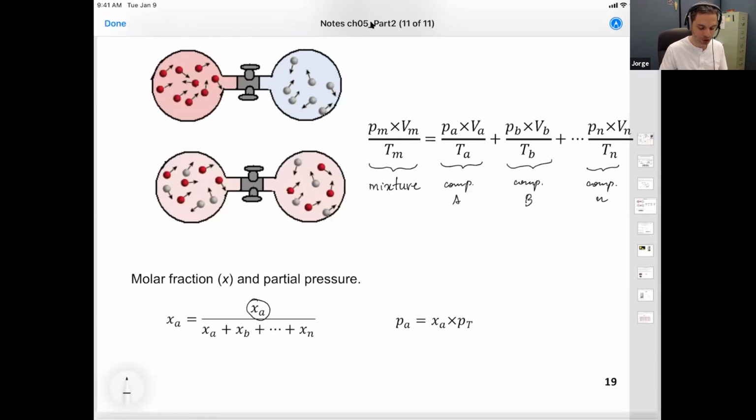And partial pressure is the pressure of each component in the mixture, and that's also related to the molar fraction and the total pressure. Okay, I don't want to focus too much on Dalton's law because those are not the cases that we see often. So here is just to illustrate that it is possible to happen, and that's how we would solve it.